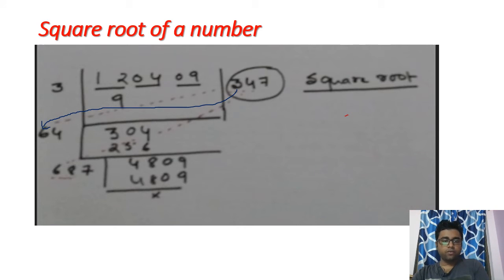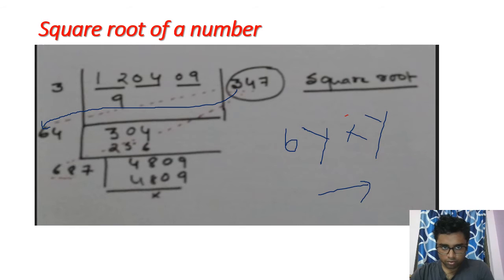Now for 304, we have to put some number after 6, that is 6y, so that if we multiply 6y with y, we get a nearer value to 304. So what should be the number? That should be 4. So we are getting 236.